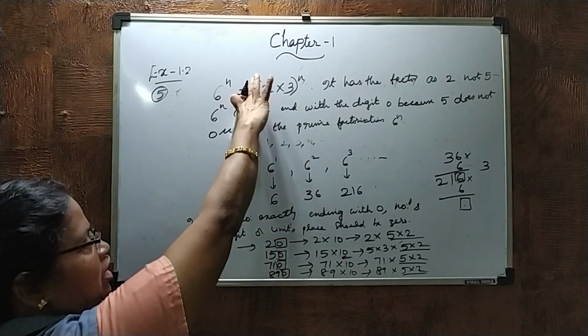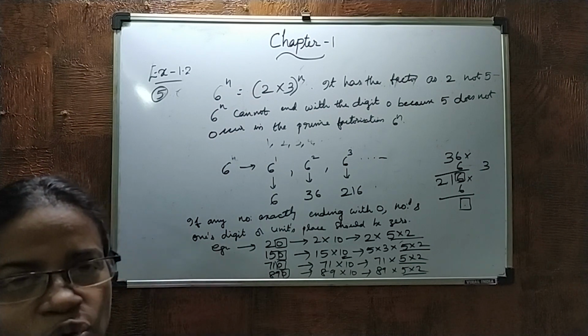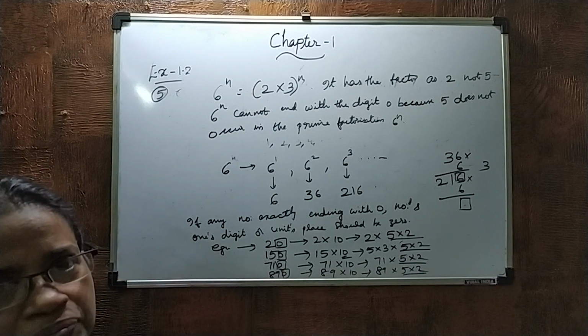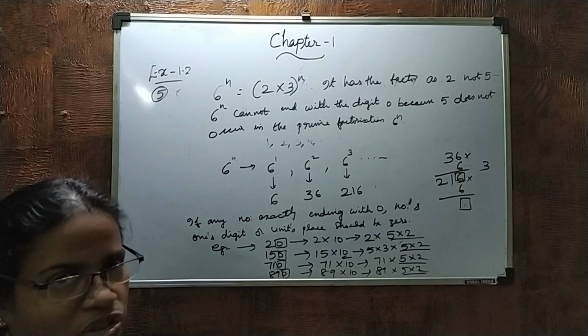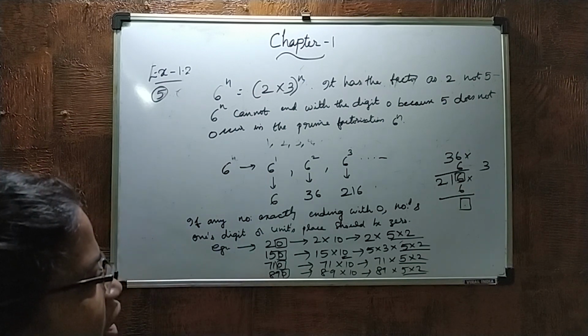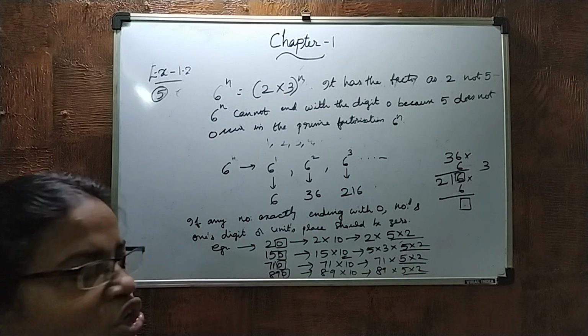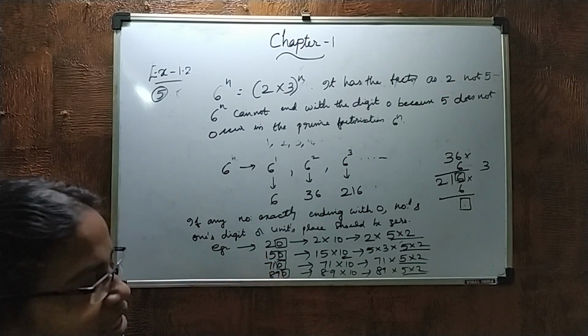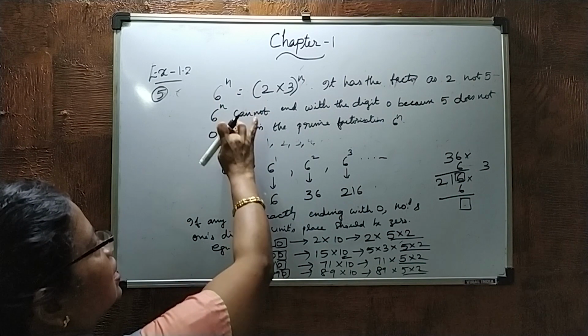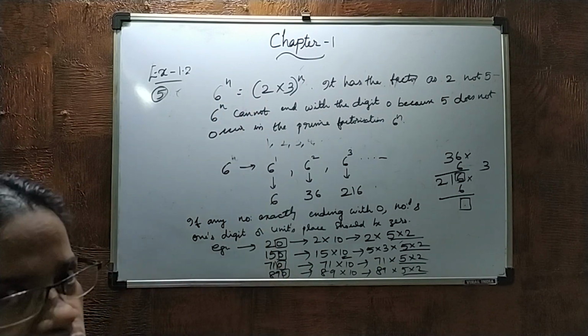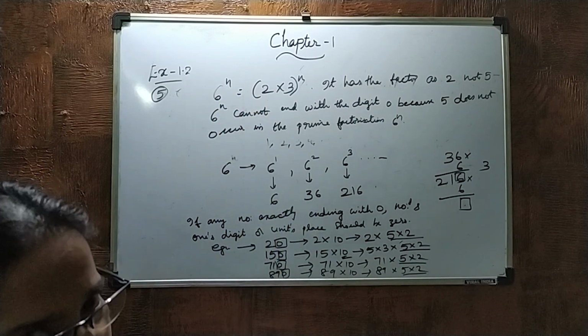Only this much we need for the answer in the board exam or any other exam. No need to write more than this. This was for the examples. When you revise, you understand everything and write this as the answer for the exam. So next question, same type, we will do once more.